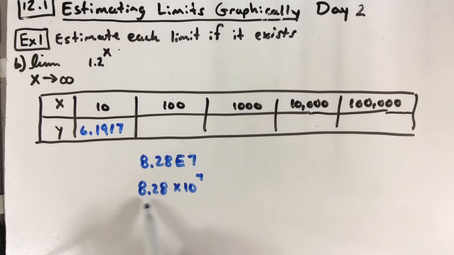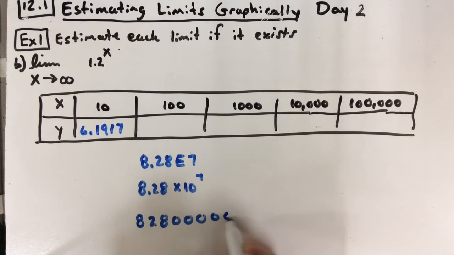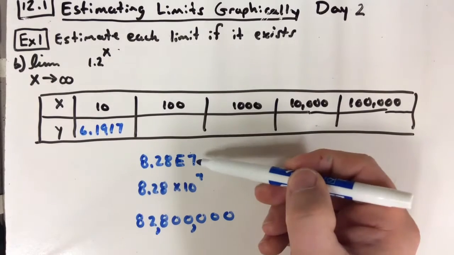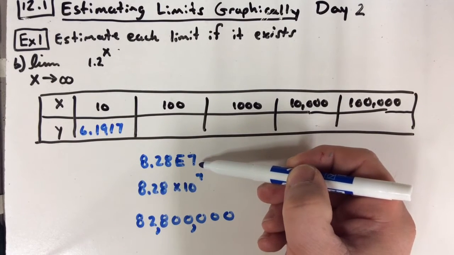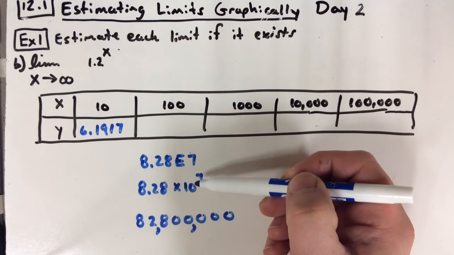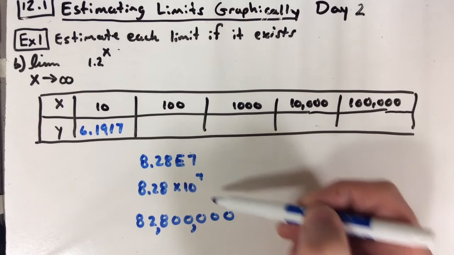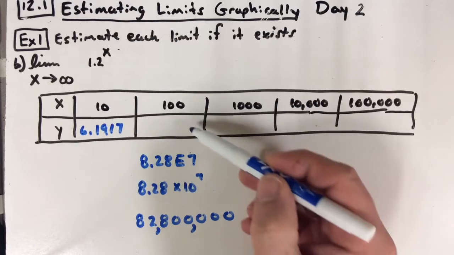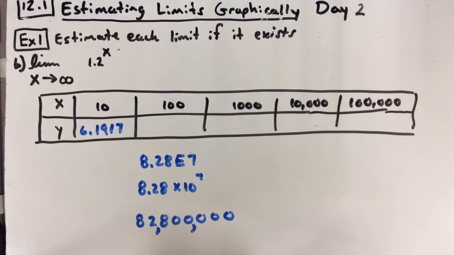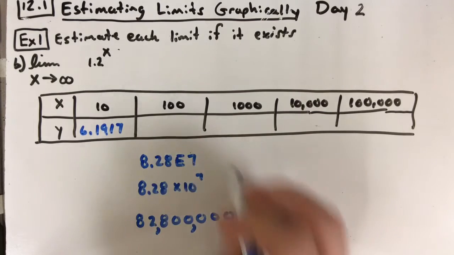The calculator is going to use an E. You should write it in the box that way. The other option would be for you to take this decimal and bump it over 7 decimal places. So the calculator will tell you a number in scientific notation with that capital E. You can put either scientific notation or the regular number into your XY table if you'd like. I'm going to do this bottom number, the actual number this time.